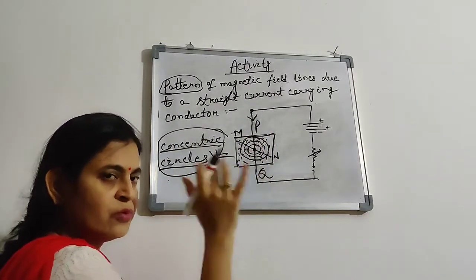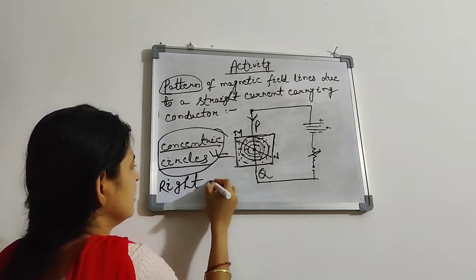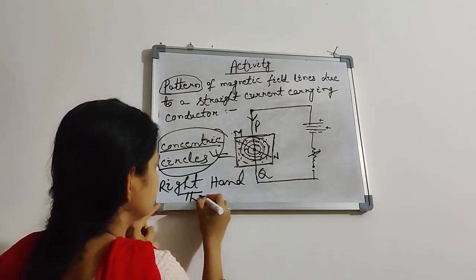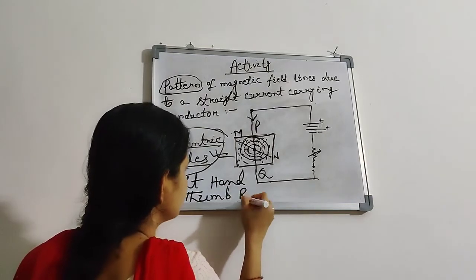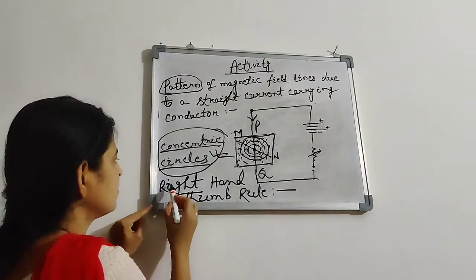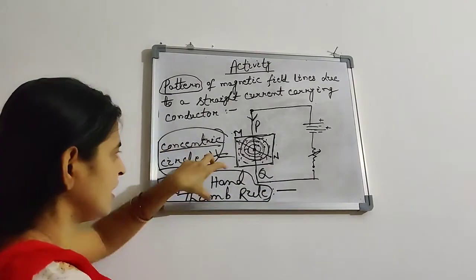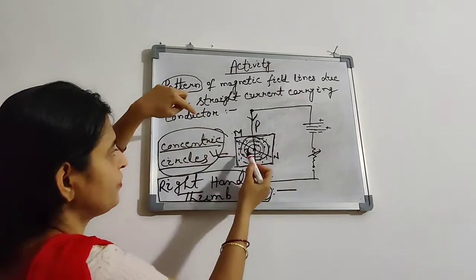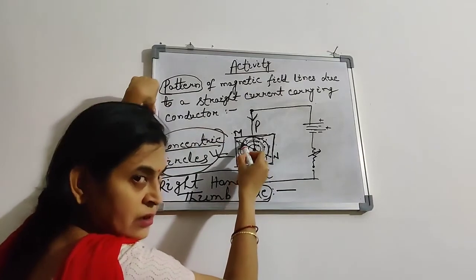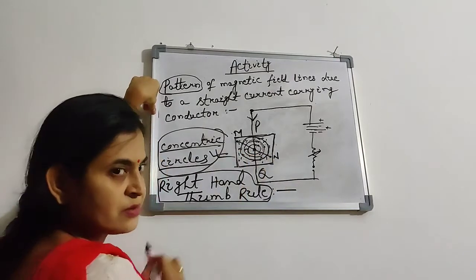Another important rule is the right hand thumb rule. We will discuss the right hand thumb rule, because with the help of this rule you can find out what will be the direction of the magnetic field in this case when the compass needle is placed.